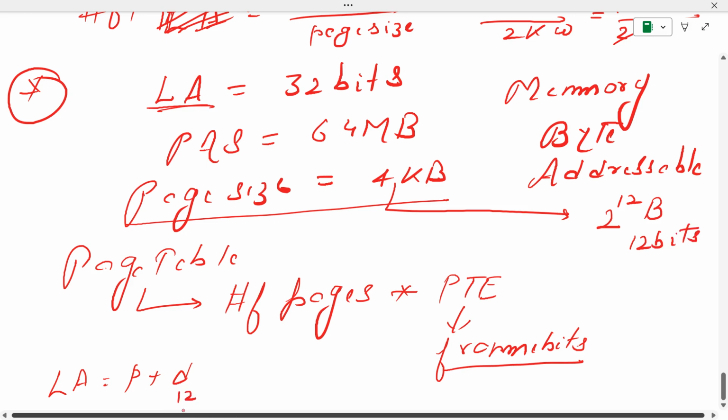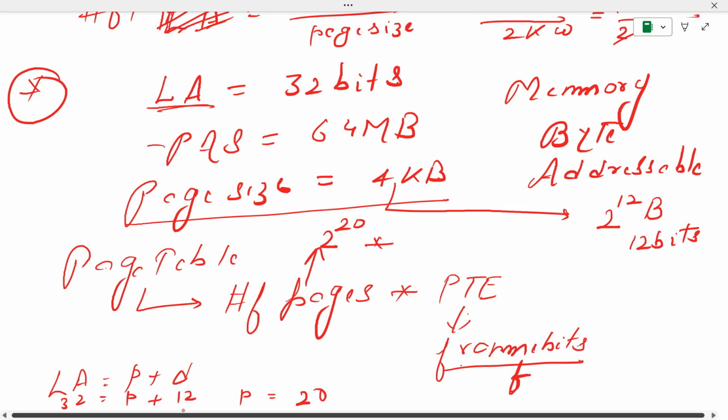So D becomes 12, and LA is already given as 32 bits, so P is equal to 20 bits. So the number of pages is 2 raised to the power 20. Now the PTE contains the frame bits, the number of bits required to represent the frame, so we have to find F.